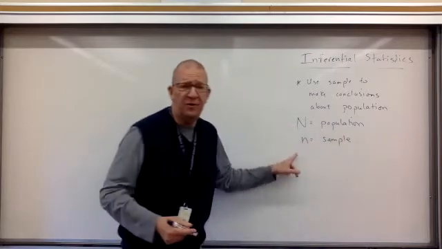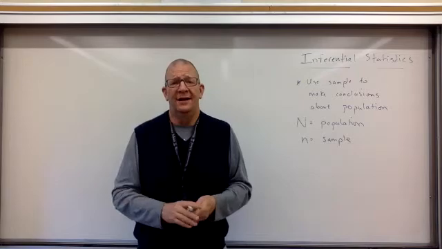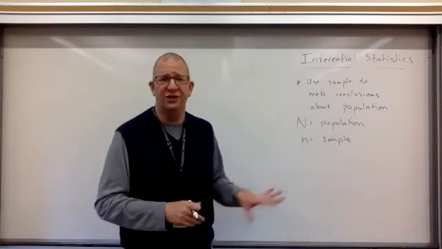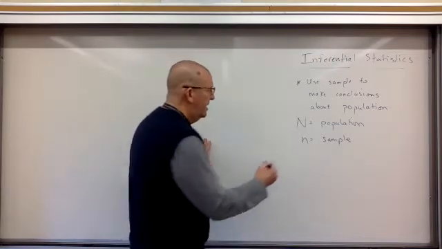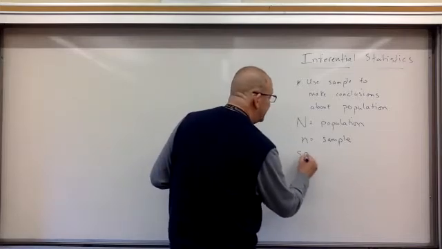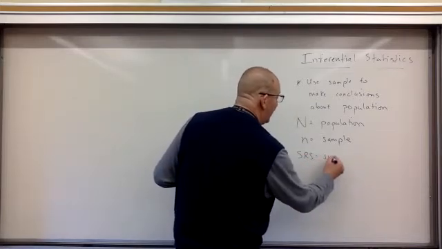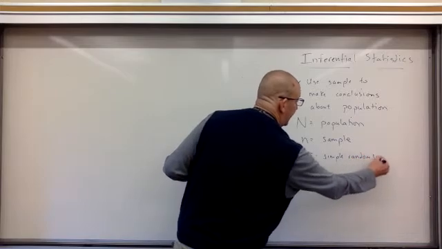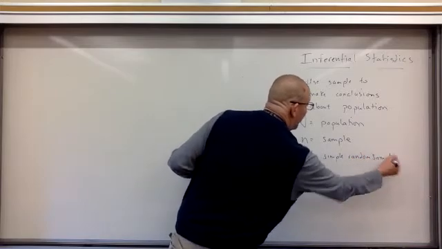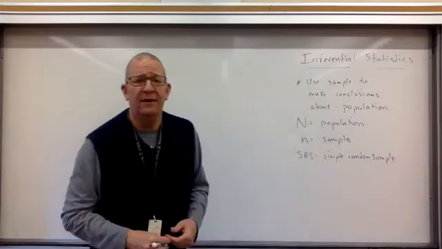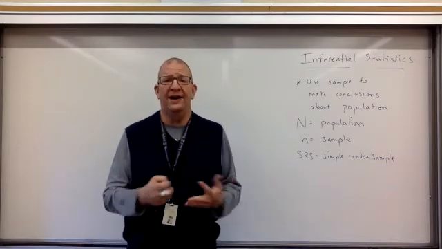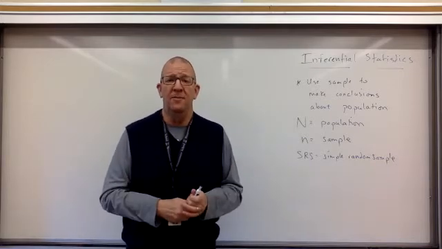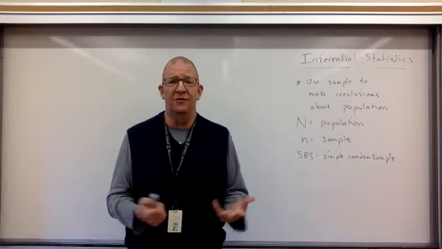Now, these are the variables that we're going to use. These are the statistically acceptable variables, right? Any statistics class, you're going to use these numbers. You're going to hear about an SRS, which is a simple random sample. Going back to my beer in college question, if I want to find out how much beer college students drink, am I just going to interview the members of the Alpha, Beta, Delta fraternity?